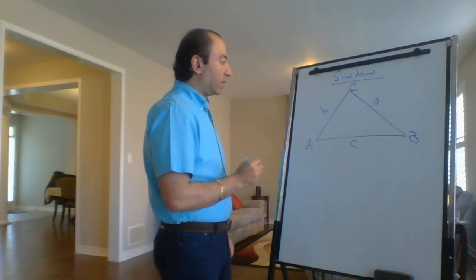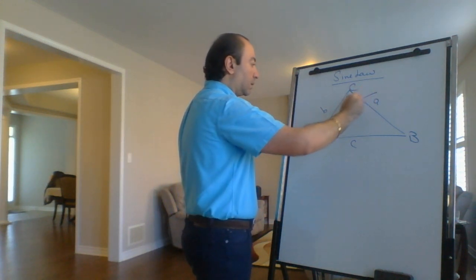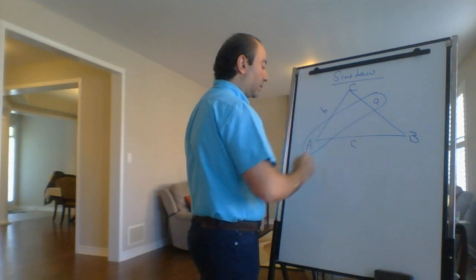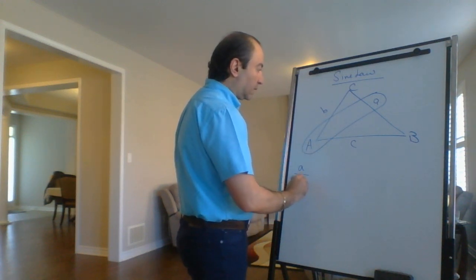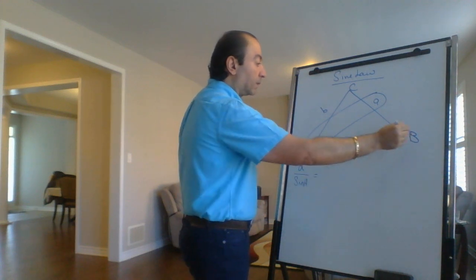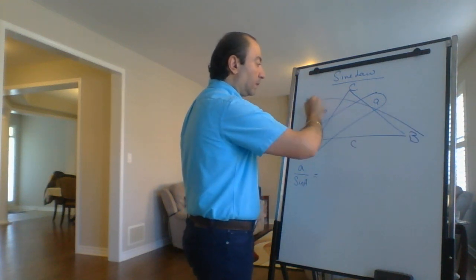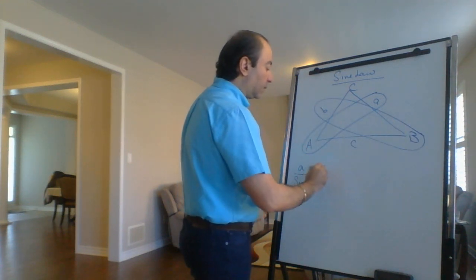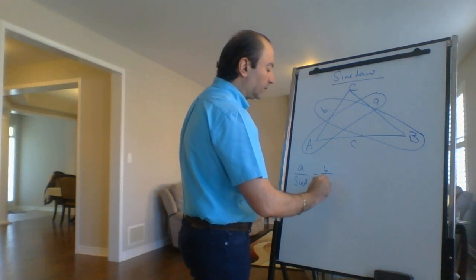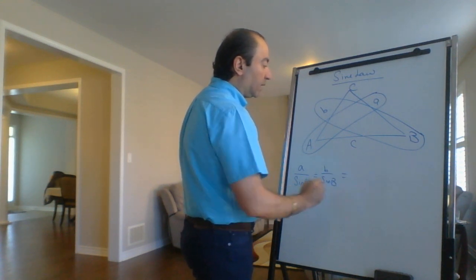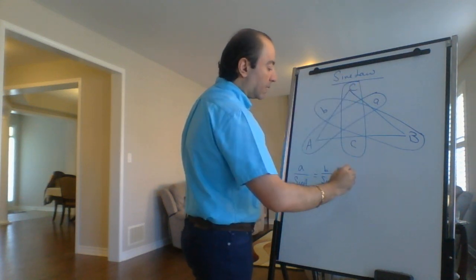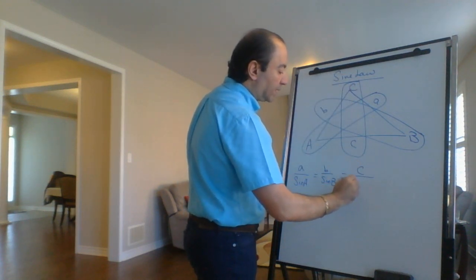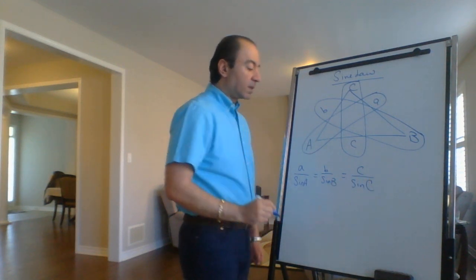We can say that a over sine A equals b over sine B equals c over sine C. This is the law.